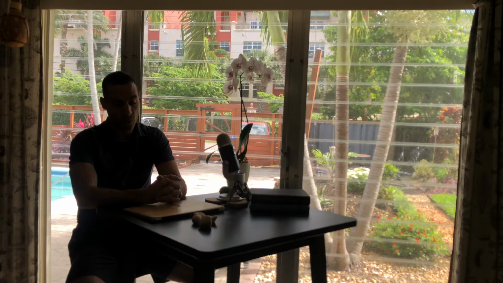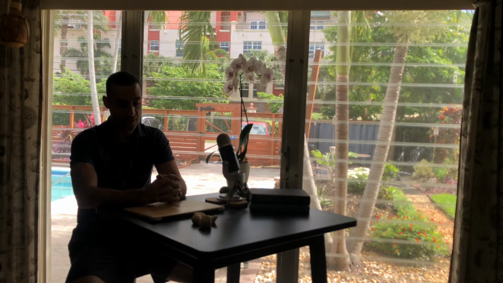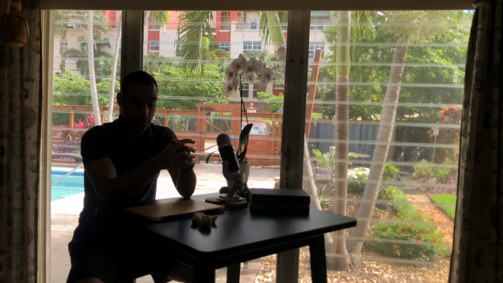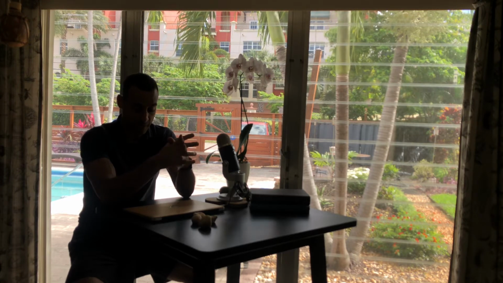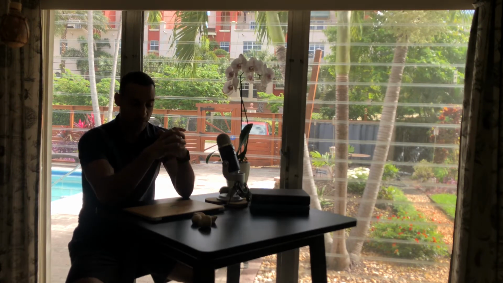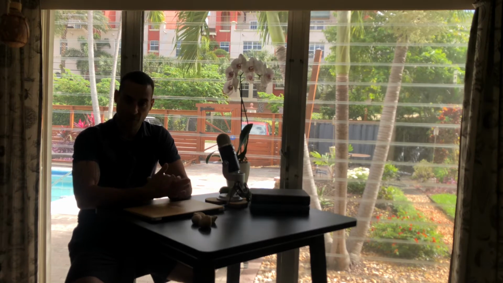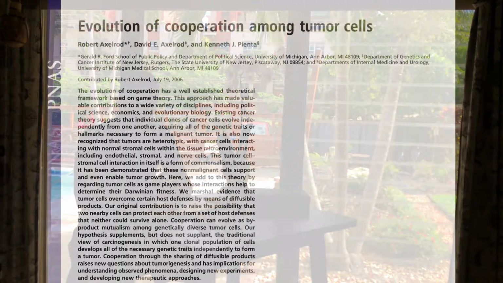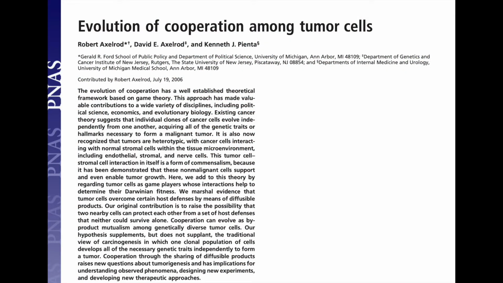Now, another area you see this research again is with cancer. Cancer cells, surprisingly, or not surprisingly, are just the same kind of social populations that attack you via somewhat teamwork.